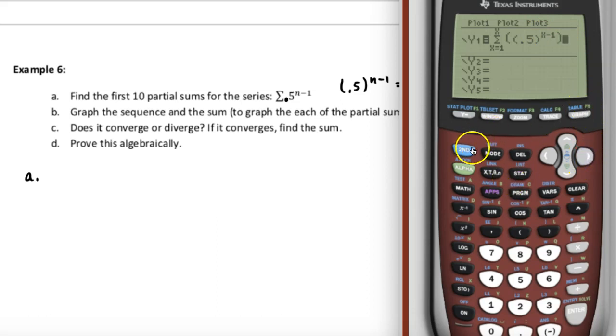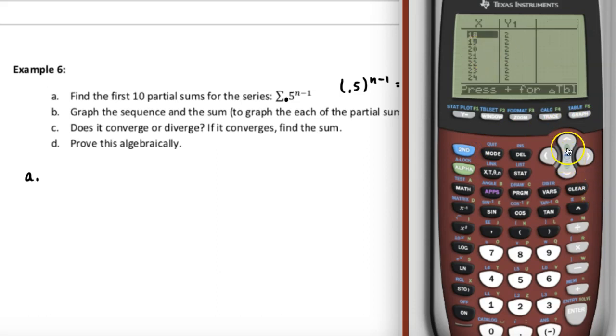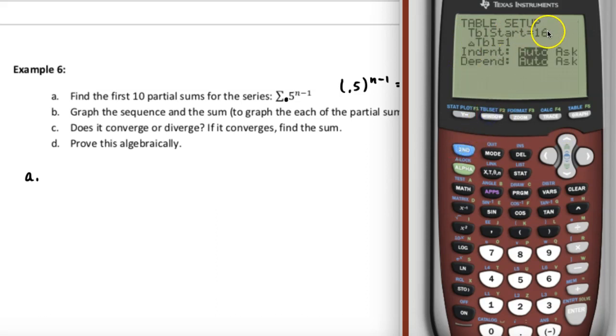All right. And so now let's go to the table. If I start at a ridiculous value, I can go to second window to just press table start at 0. And remember, n is just the next consecutive integer.